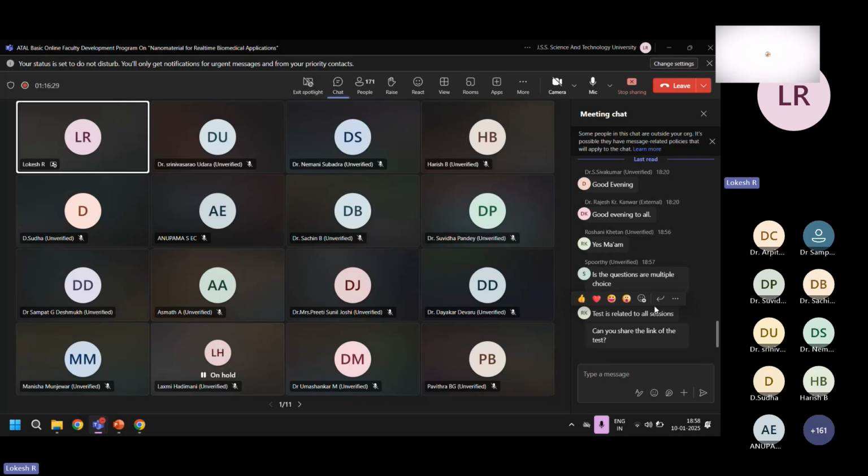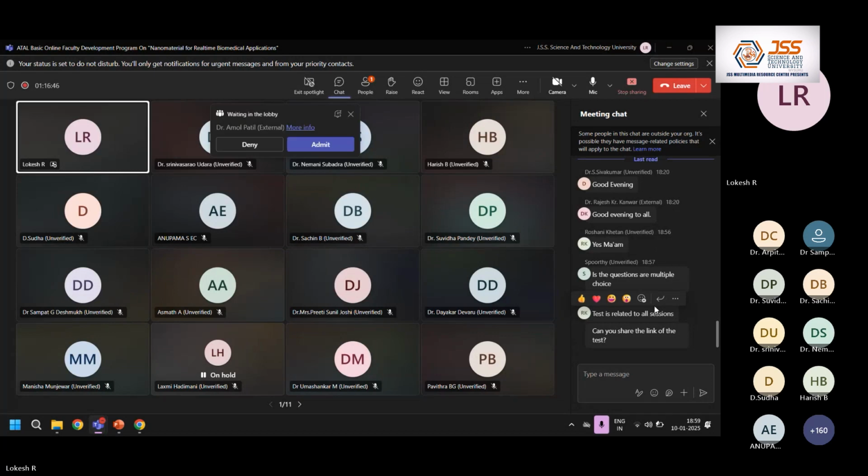In the next session, please everybody listen properly, because Dr. Srinivas sir will be giving the sample questions on what might appear tomorrow. So please do attend the 7:30 session.